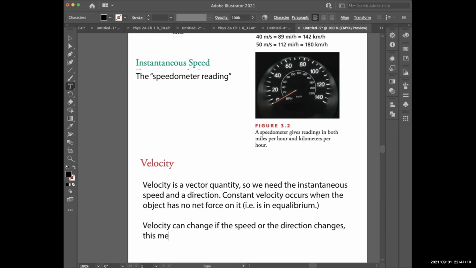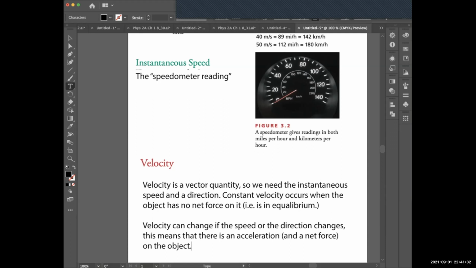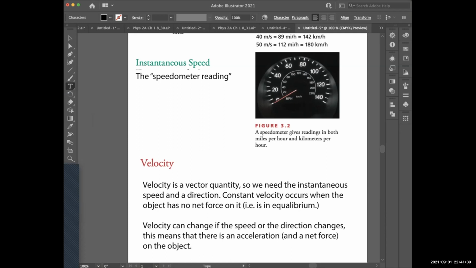This means that there is an acceleration and a net force on the object, as long as we're in Euclidean Newtonian dynamics, at least. I'll do that little caveat because Einstein made everything a lot more complicated, but it's more complicated than that.